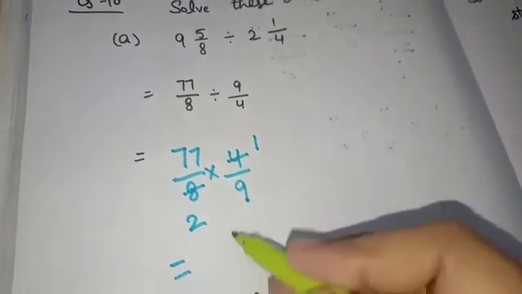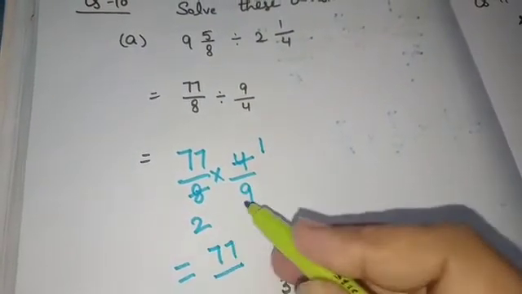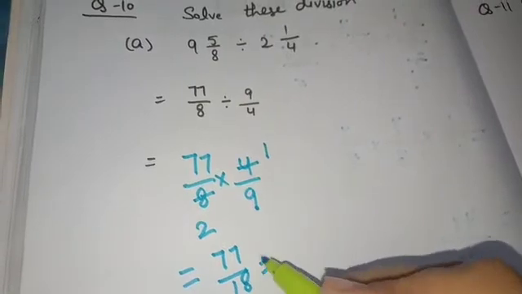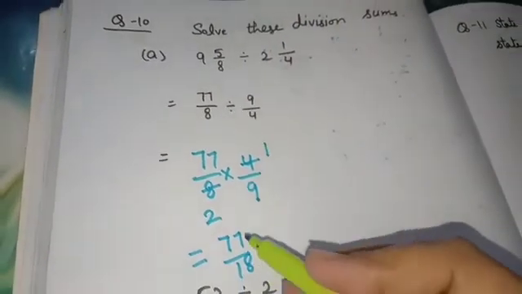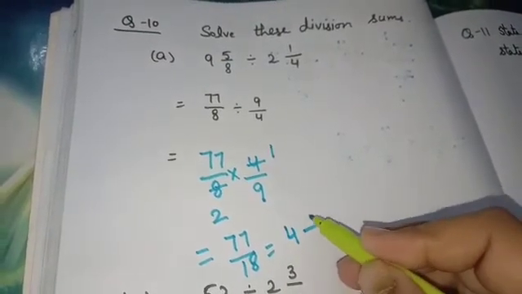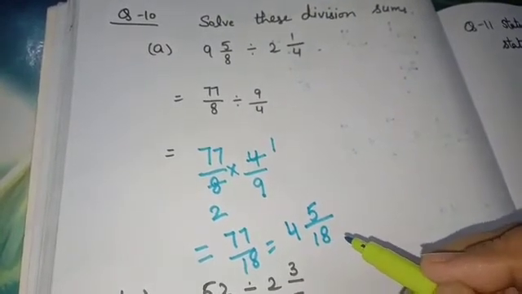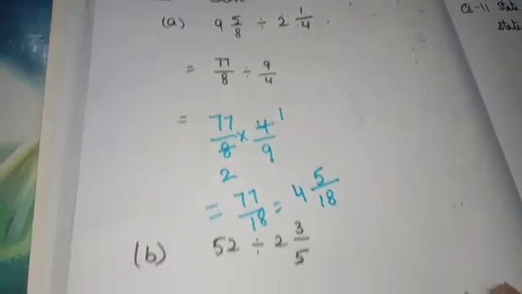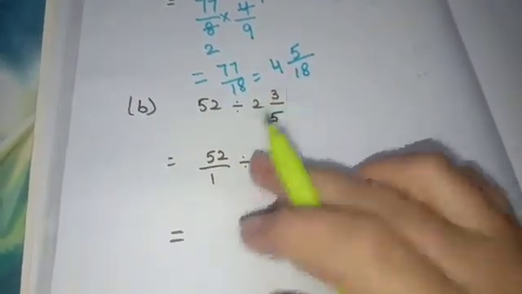Yes, that's it. 77 multiplied by 1 it's 77, 2 9s are 18. Now it's an improper fraction. Convert into a mixed number. 77 by 18, 18 4s are 72, 5 will be left by 18. This is the answer.